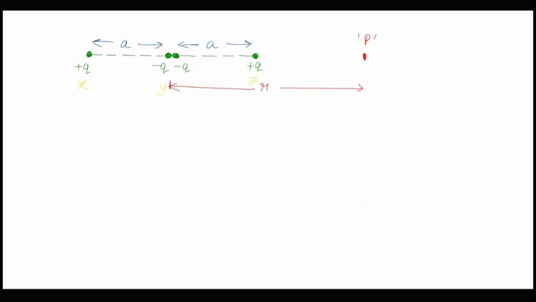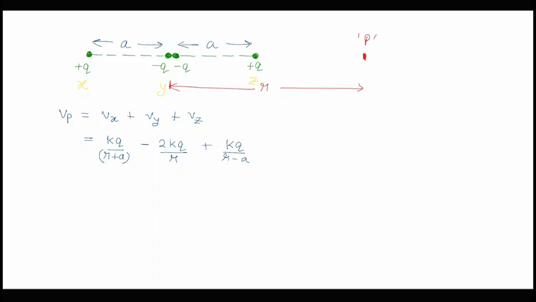Now the electrostatic potential being a scalar quantity, the potential at the point P will be the potential due to x, plus the potential due to the charge at y, plus the potential due to the charge at z. Hence we can write it as kq upon the distance r plus a, and since the charge is negative, we take twice of kq upon the distance r, plus kq upon the separation r minus a.